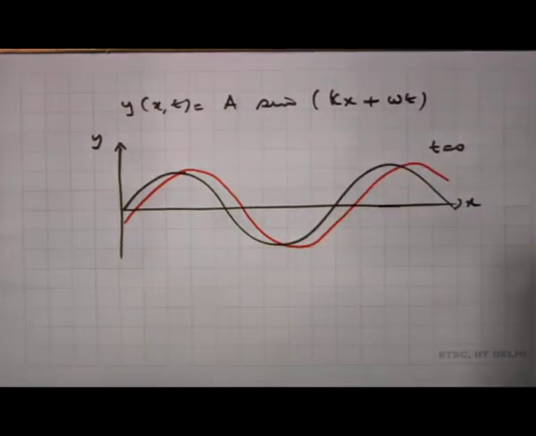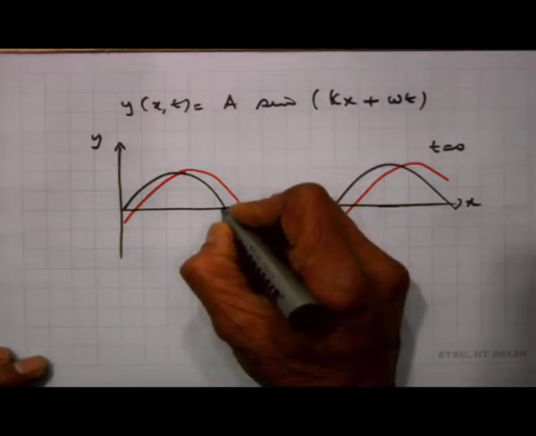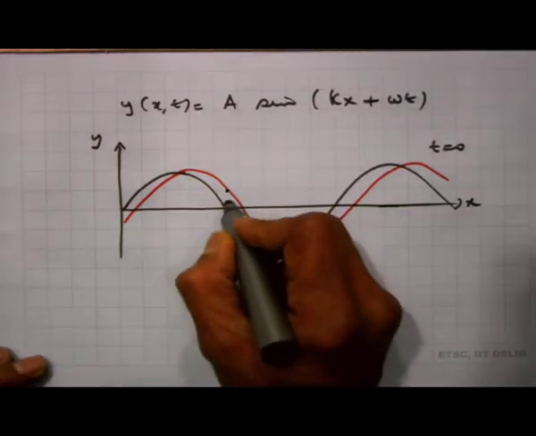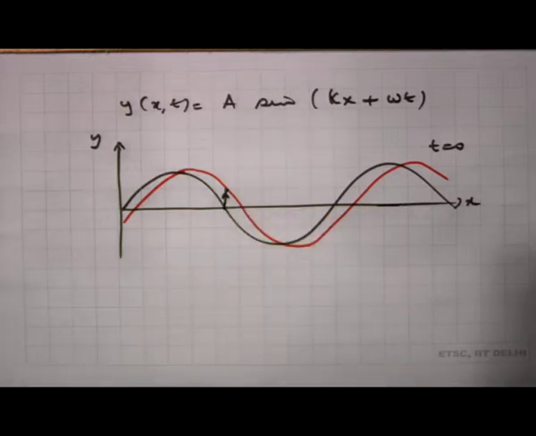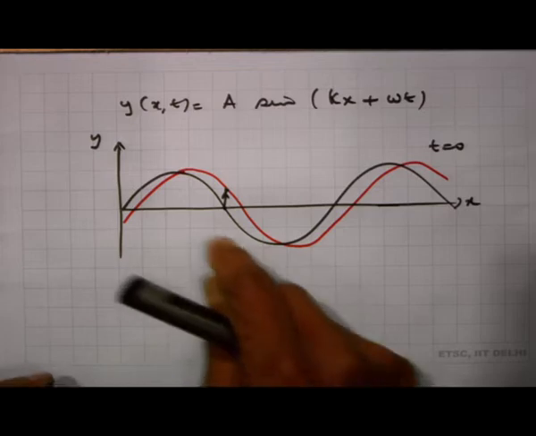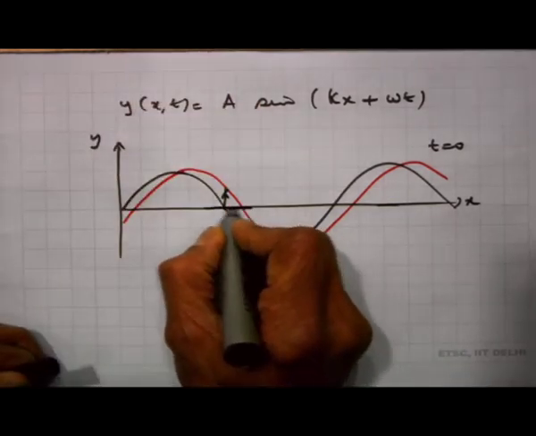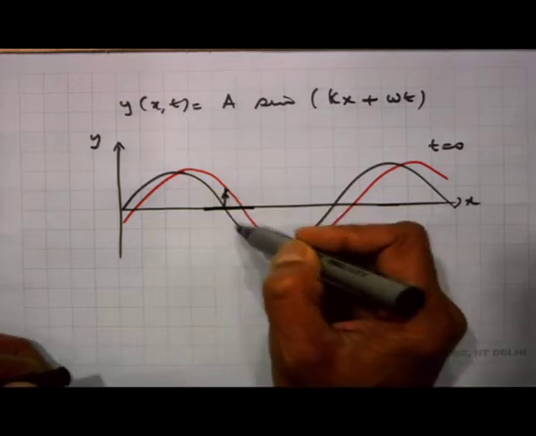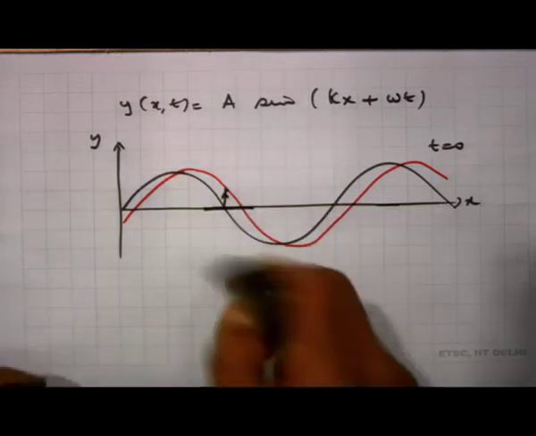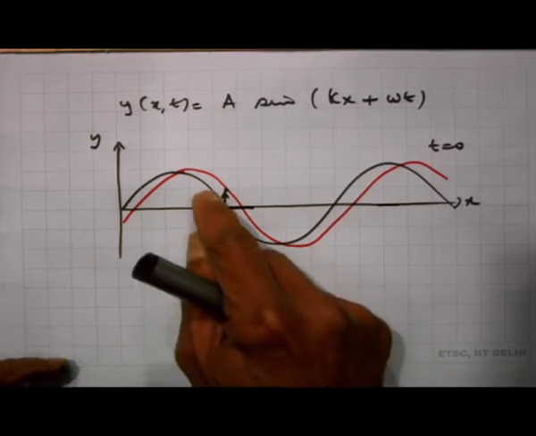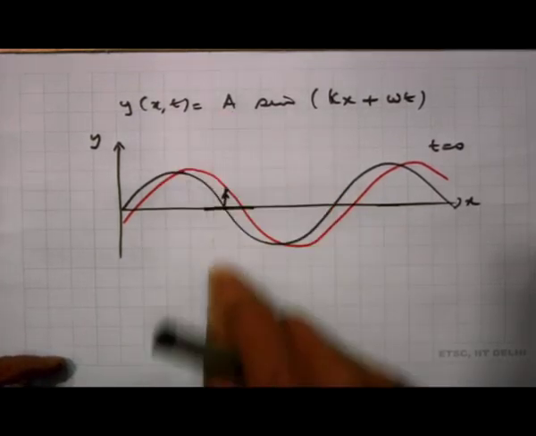The string which was, for example, at this point has moved up like this, and the maximum extension of the string is also here. The equilibrium position of the string was like this. Now, it is stretched in this direction.